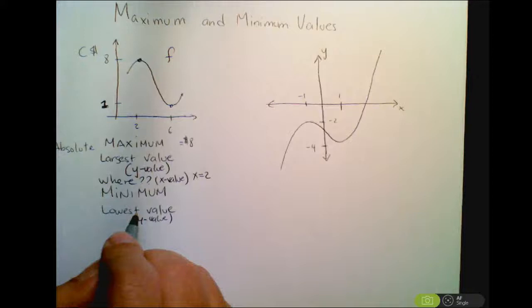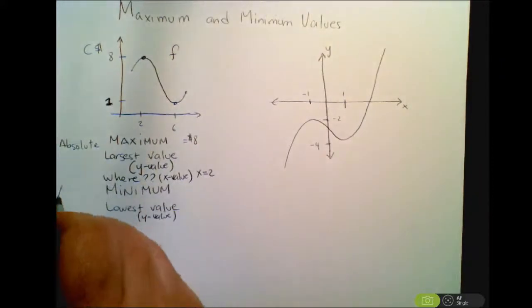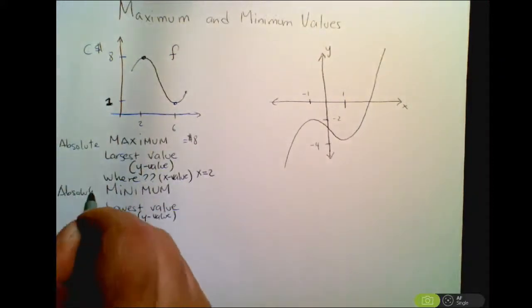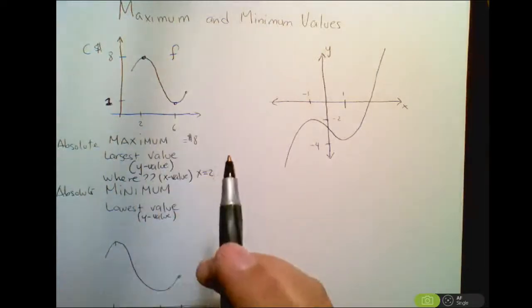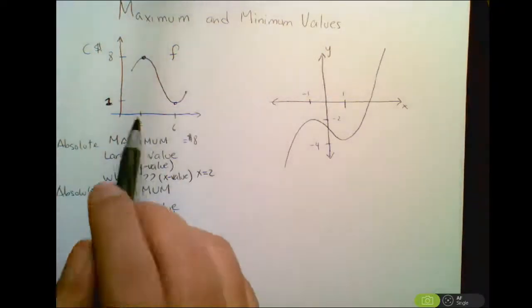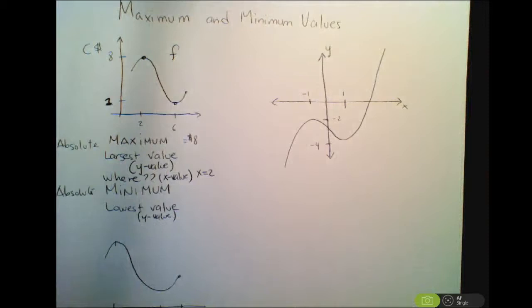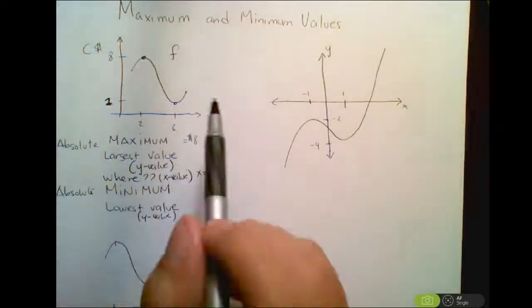Y values always. So in this case, we can talk about an absolute minimum value because we have a closed interval. And not only that, but we also see the entire f, and we know the behavior of that.